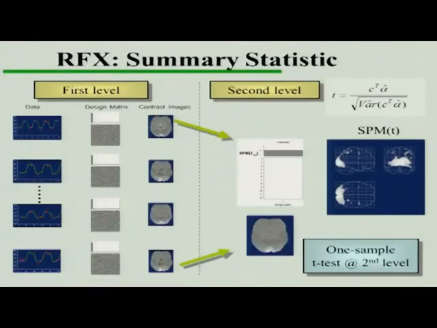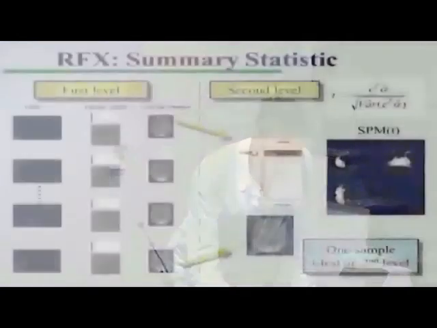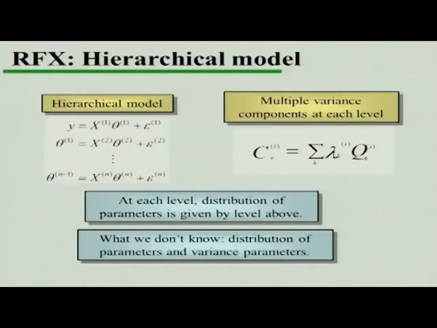Okay, so that's random effects analysis, and I've described an approach for implementing it called the summary statistic approach. It turns out that's not an exact method. The gold standard and robust method for doing random effects analysis is implemented using hierarchical models.